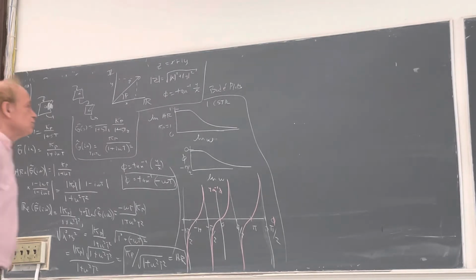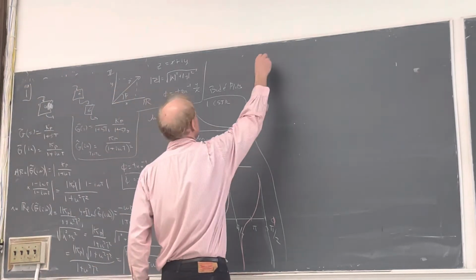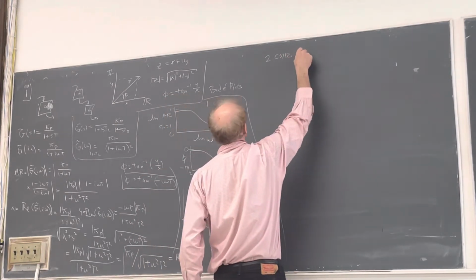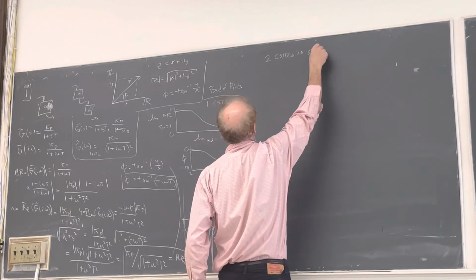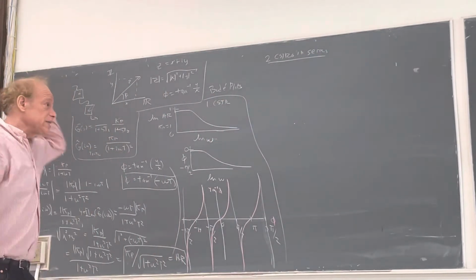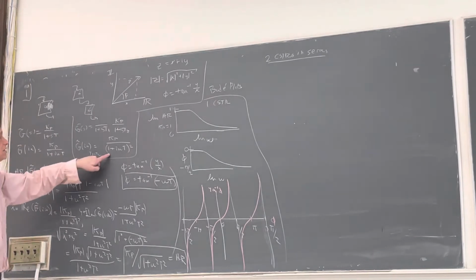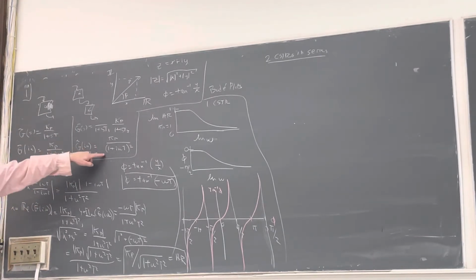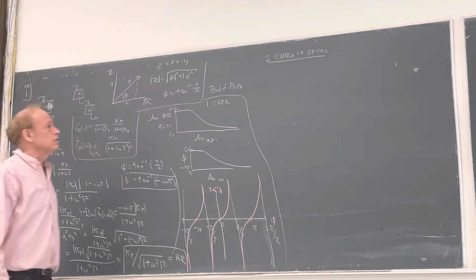Okay, so now let's try to do it for a second-order system, two CSTRs in series. It looks like this. This is just the square of this. The magnitude of the square is the square of the magnitude.